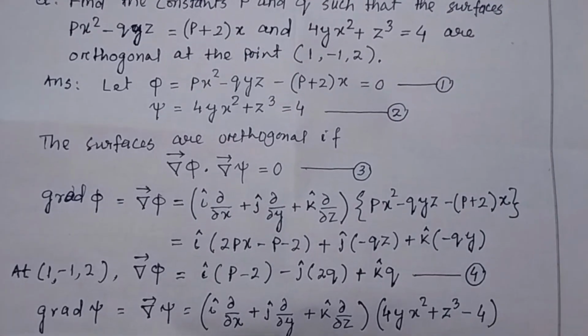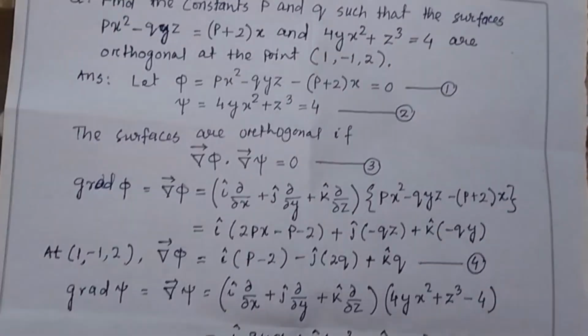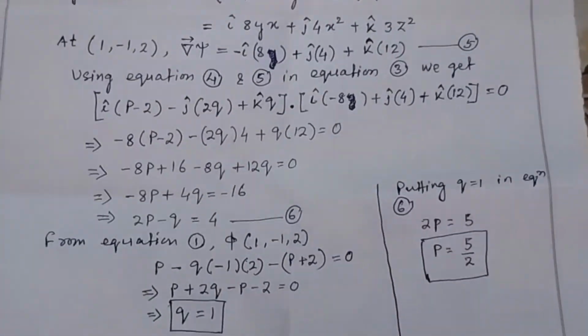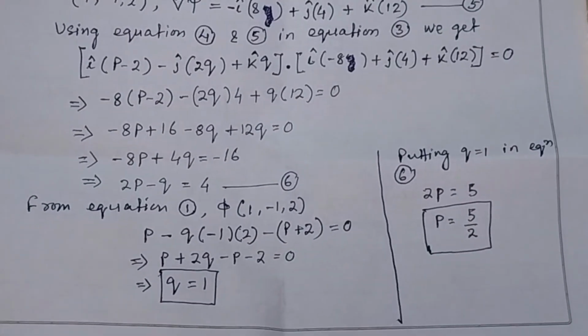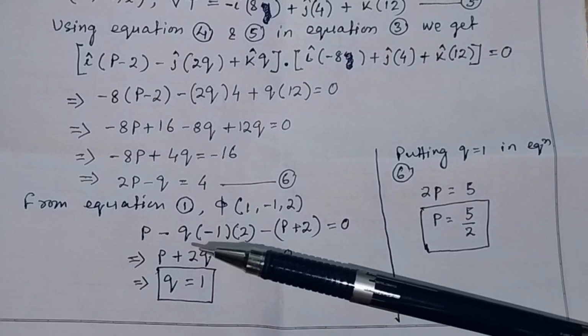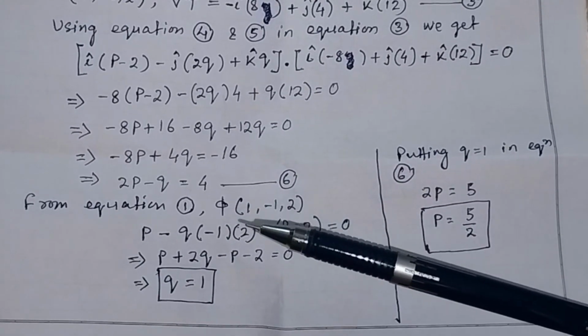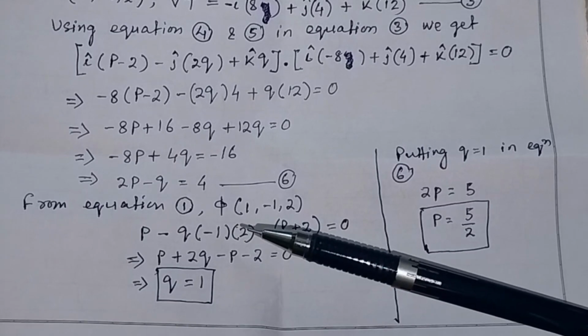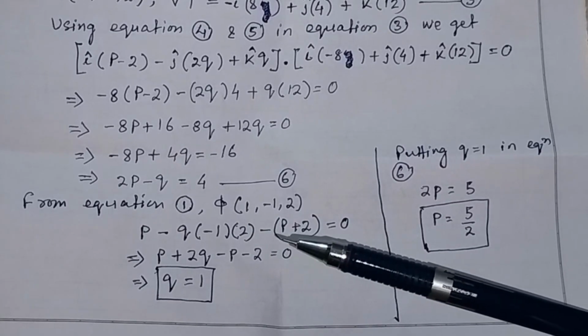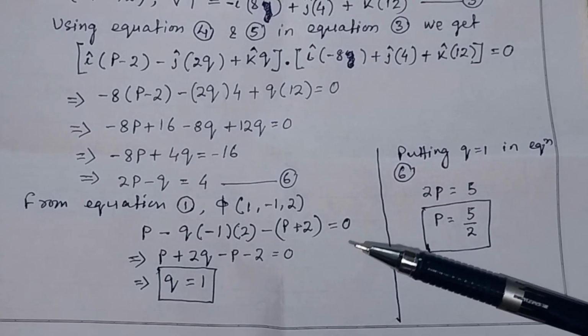So if you put here the value of (1, -1, 2), then you will get this equation. You will get p minus q, you have put here the y value equal to -1 and z value equal to 2, minus p plus 2 is equal to 0.